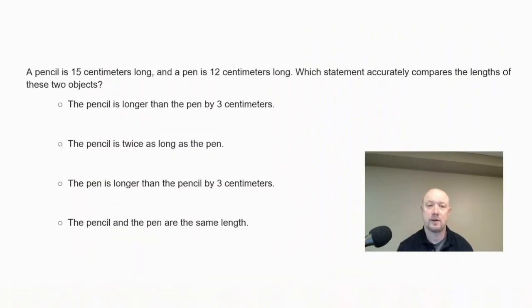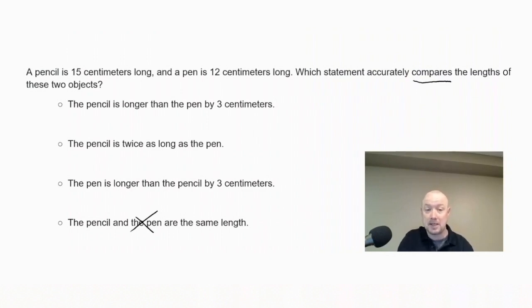A pencil is 15 centimeters long and a pen is 12 centimeters long. Which statement accurately compares the lengths of these two objects? When we're dealing with elementary school students and comparing using measurements, we want to first go over the choices that are incorrect. If the quantities are different, they can't have the same length, so we eliminate that.